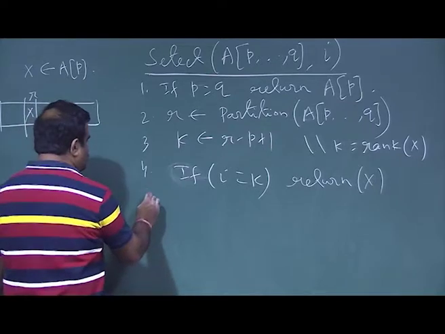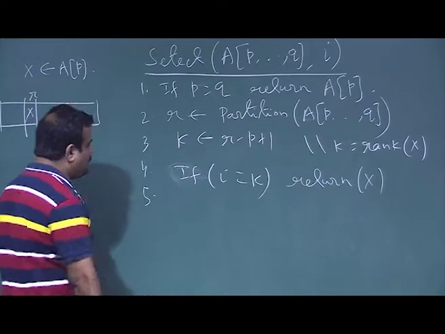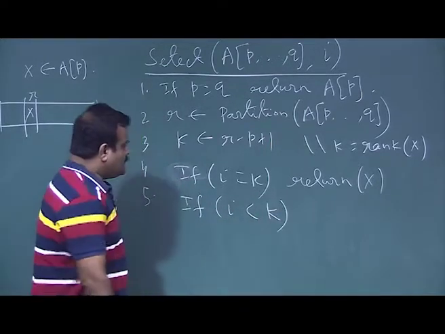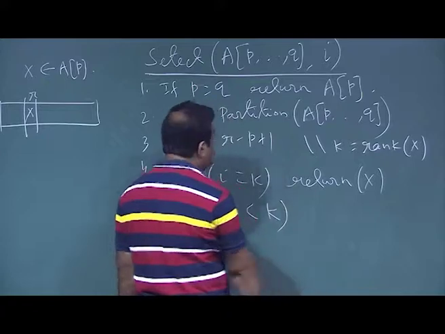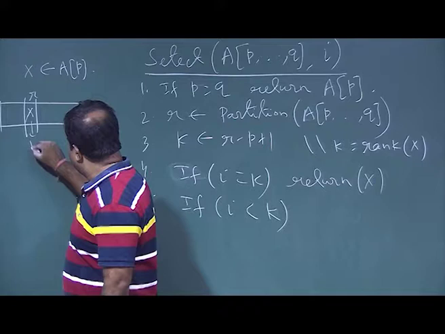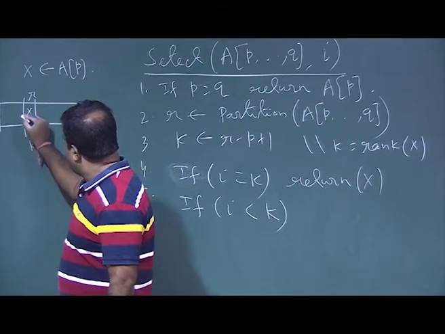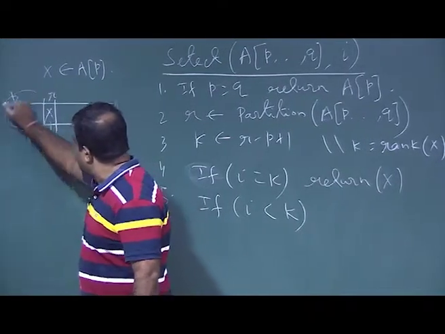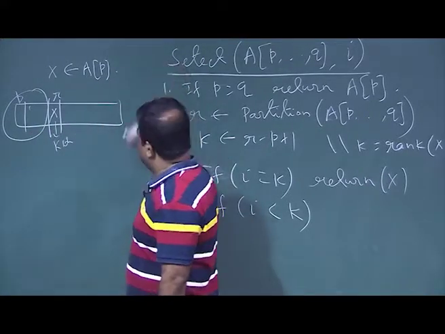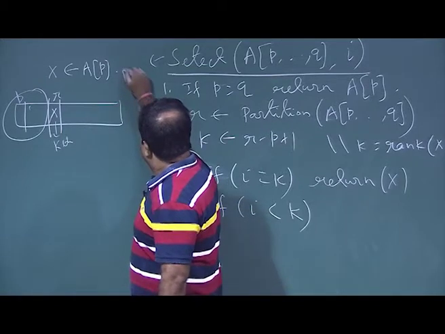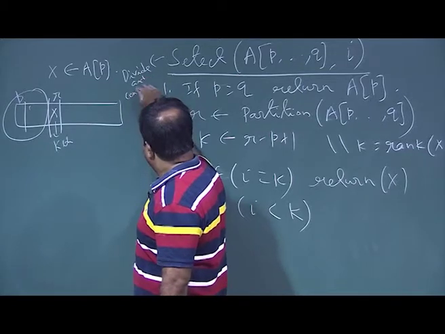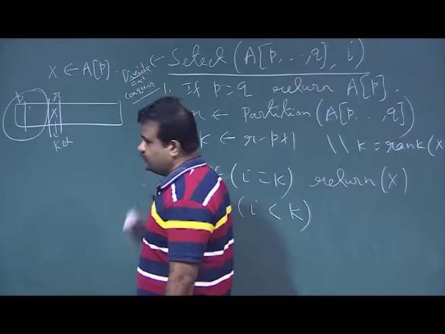Otherwise, if i is less than k, then we again call select on this sub array. So suppose this is the kth smallest and our i is less than k, so we have to look at this sub array. This select is a divide and conquer approach.